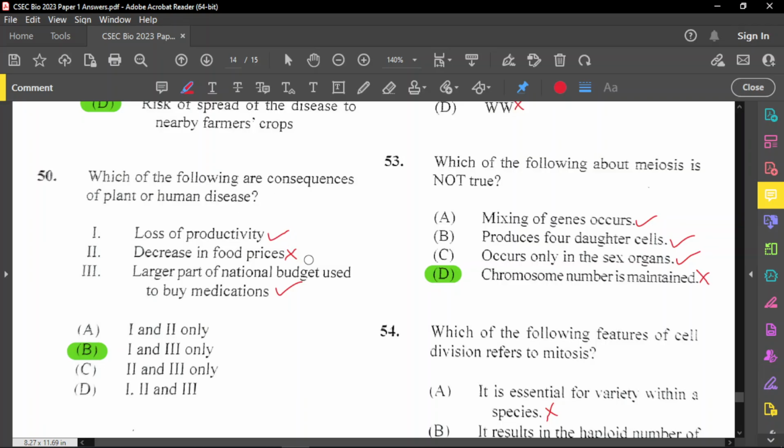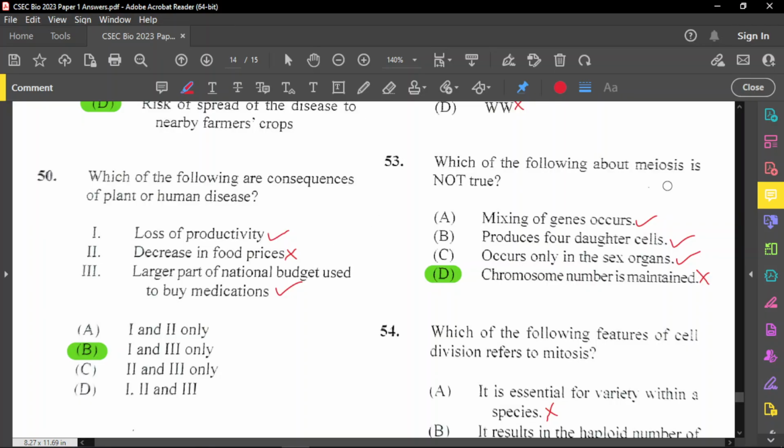I would say more increasing food prices, because if laborers are sick, then they cannot produce enough food. And even if you have a breakout of certain diseases, in terms of transportation and delivering of food, price goes up. So disease can cause food price increases, because of lack of laborers, lack of transport of food, and a number of different things. And so options 1 and 3 are correct.